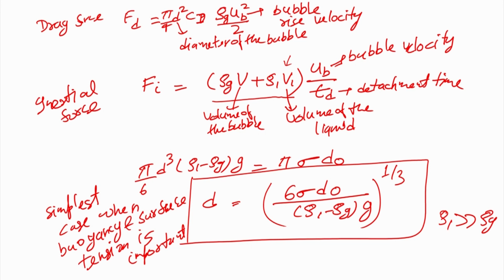Now, if you want a really good equation for the bubble size, you have to take all the forces into account. The forces helping detachment and the forces obstructing detachment will be equal, and then the force balance holds and only then will the bubble detach. So, Fb, the buoyancy force, plus F of momentum of the gas, equals F of surface tension plus F of drag plus F of inertia.